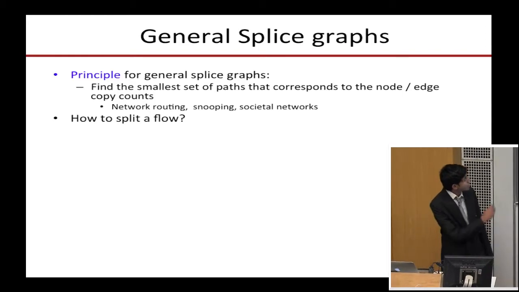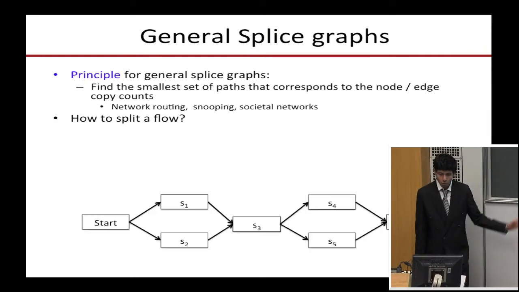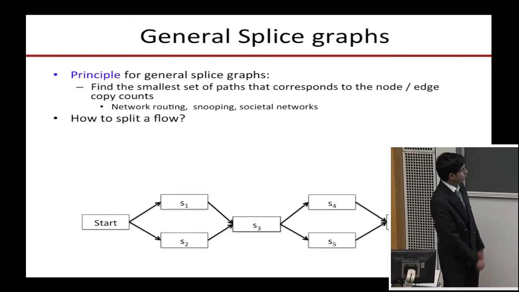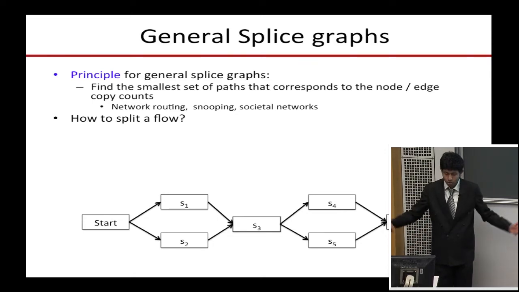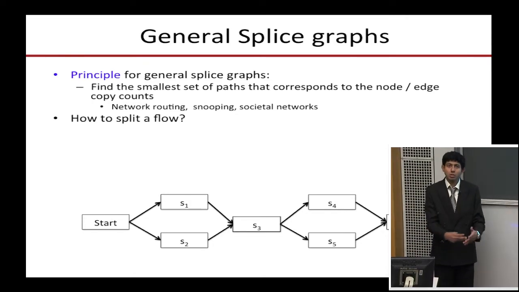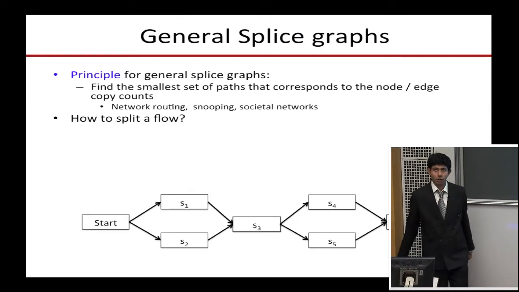Let me tell you what the problem is. The problem is called how to split a flow. So what is a flow? Suppose you have a network. Nominally, we think of a flow as like water flowing on this network, where there is a natural conservation: whatever comes in has to go out. There are 2 ways to represent a flow.